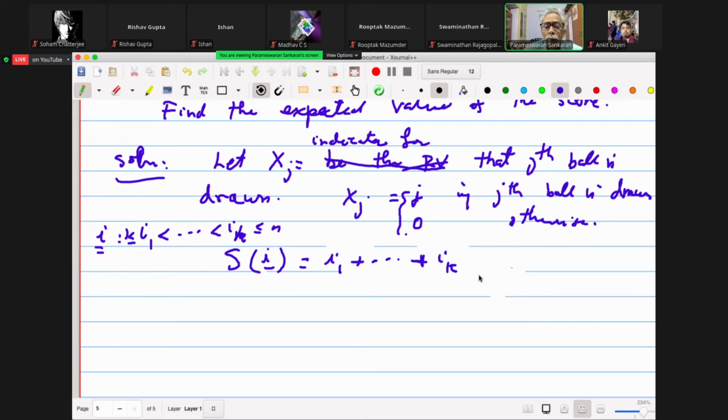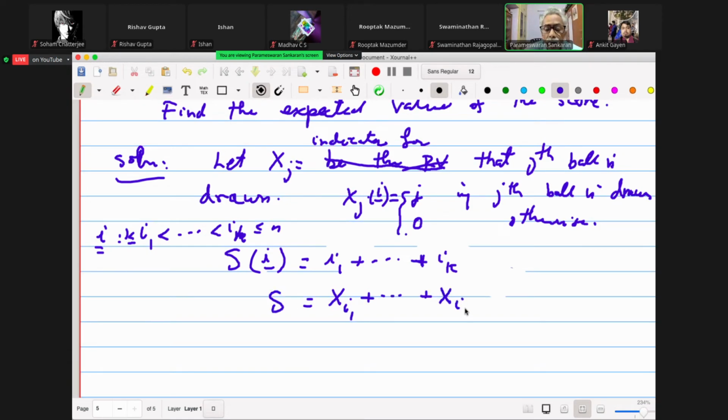So actually this xj also is defined on the space of all i's. I may write it like this, and the jth ball is drawn meaning one of the terms is exactly j. So s is the random variable.